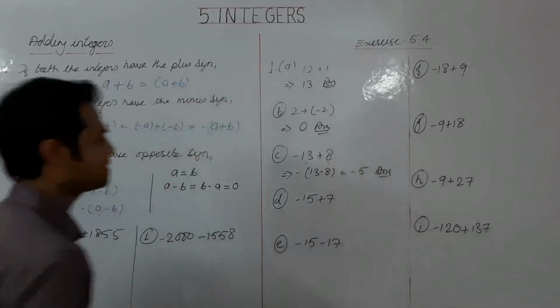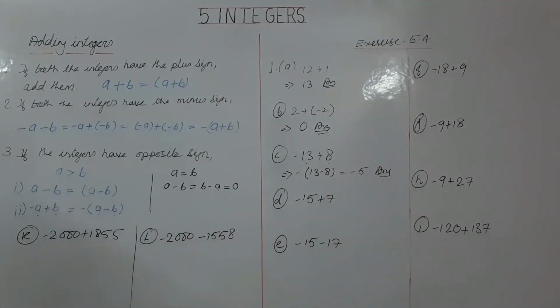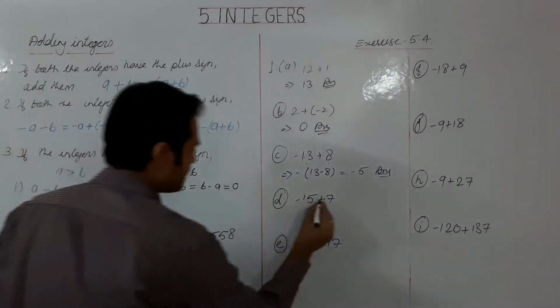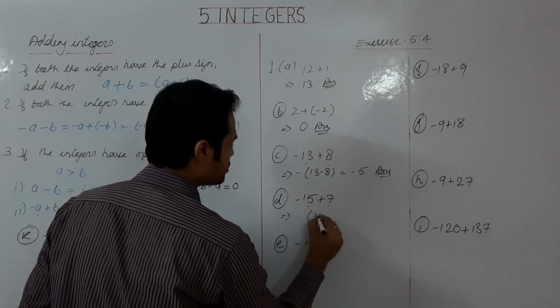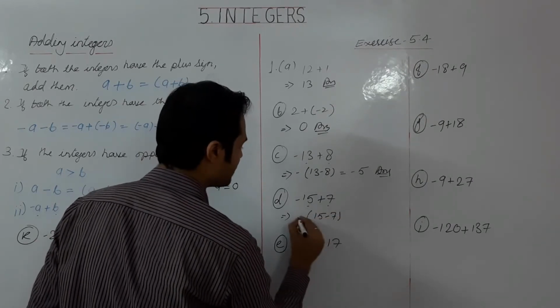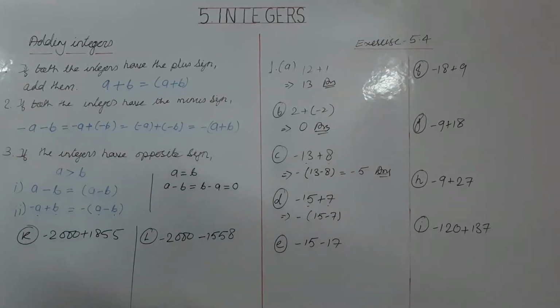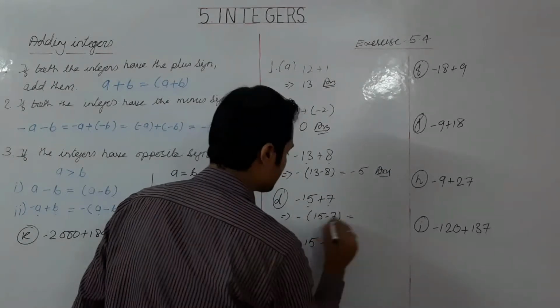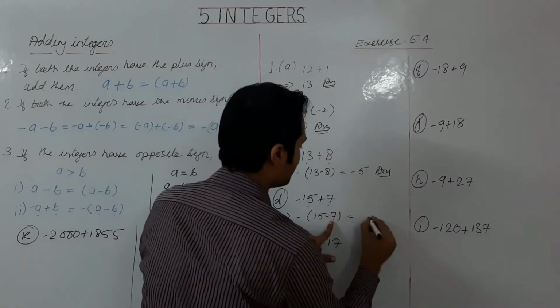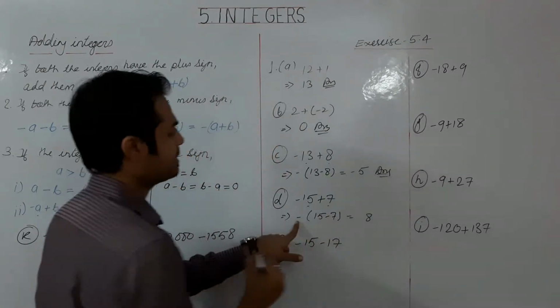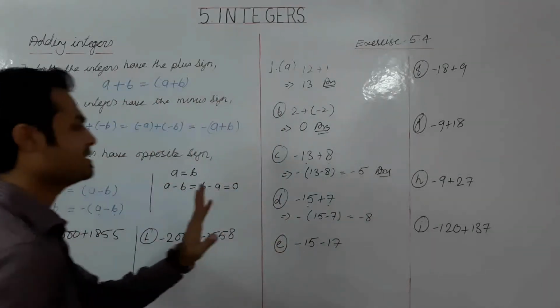So minus 5 is your answer. Similarly, minus 15 plus 7. Again, numerically 15 is greater than 7. So what to do? 15 minus 7 and before the bracket a negative sign. So 15 minus 7 is 8 with a negative sign. So minus 8 is your answer.